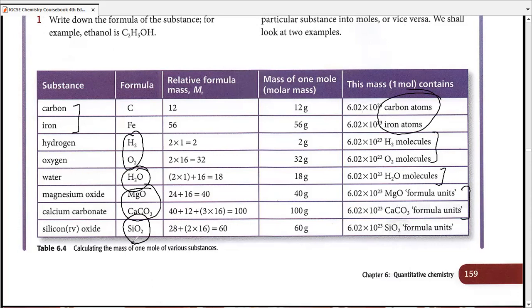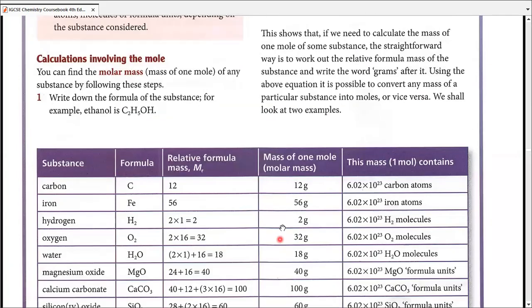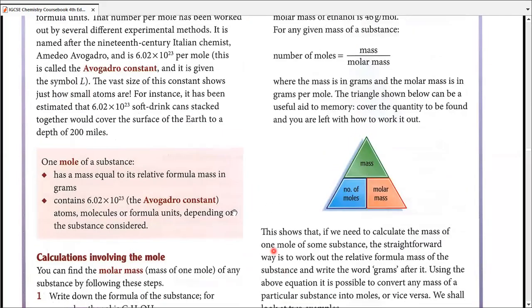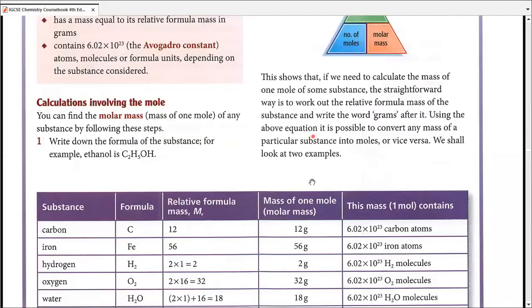Even for covalent bonding, if we have a macromolecular substance, meaning a giant lattice, even then we're going to use the term formula units. The book clearly explains this whole thing, the idea behind putting the word species or particles for Avogadro's constant and for its working.